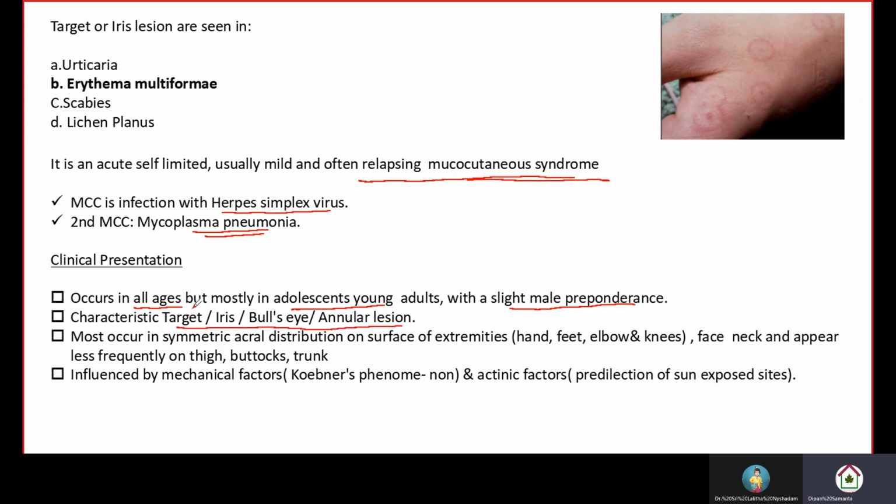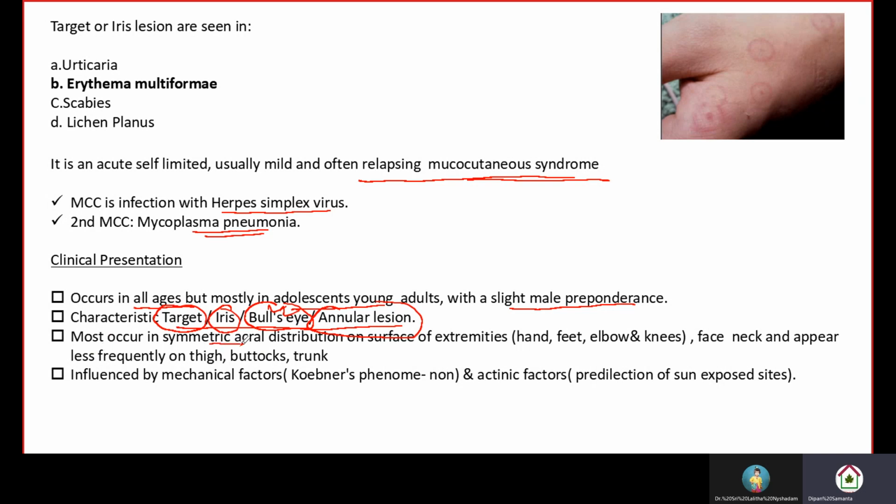So remember all the names: target lesion, iris lesion, also known as bullseye lesion, annular lesion, because sometimes they cannot give the picture. They might not give the picture, but they will give the term. So you need to remember the names.